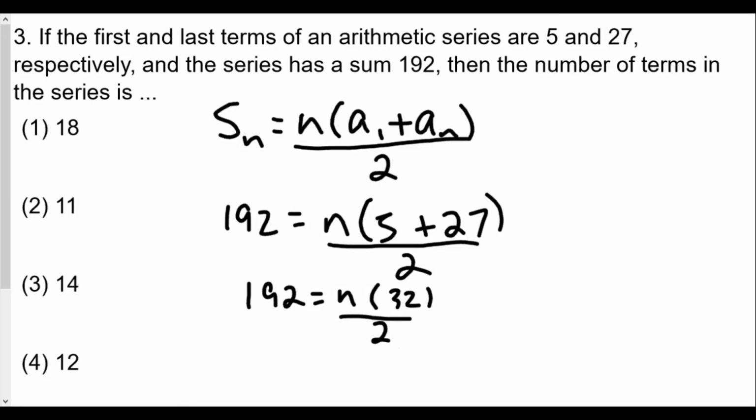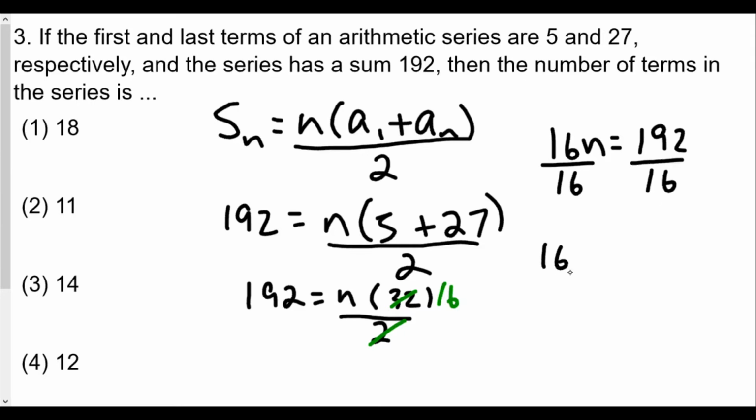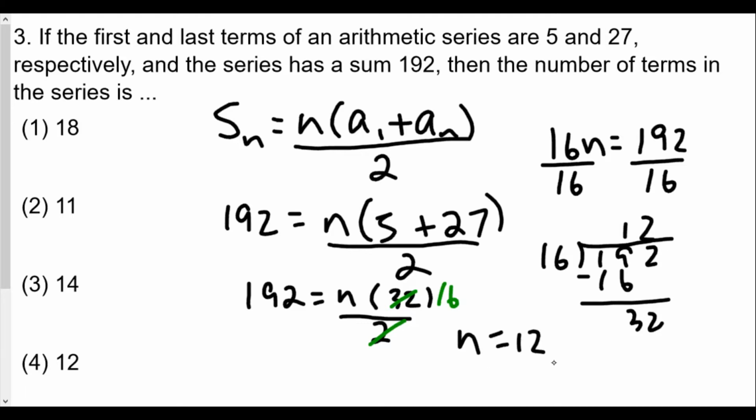Now we'll simplify this. 2 goes into 32 16 times, giving us the equation 16n equals 192. We divide both sides by 16. So 16 goes into 192 twelve times. So our n value is going to be 12. That's the number of terms in this series. So our answer for number 3 is choice 4.